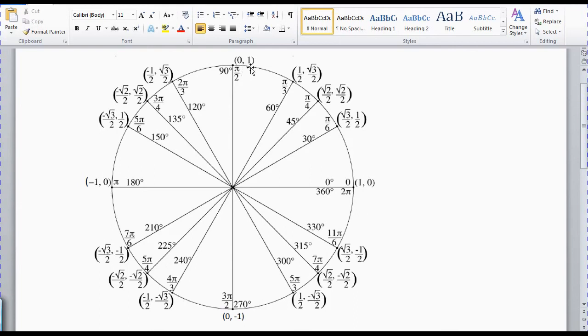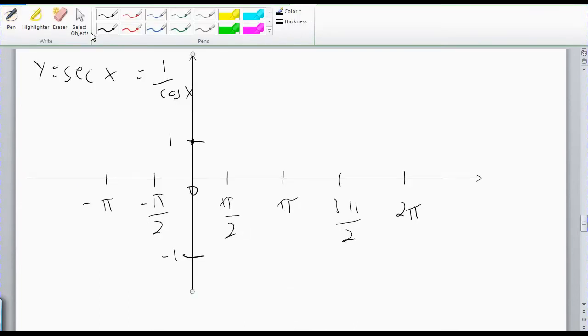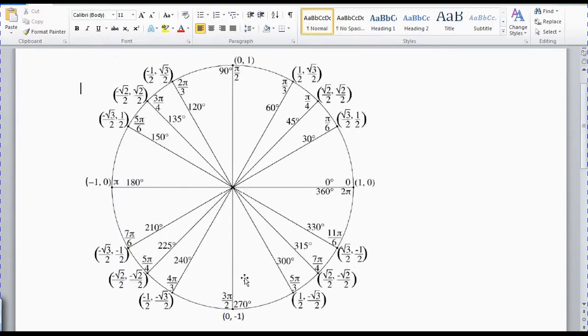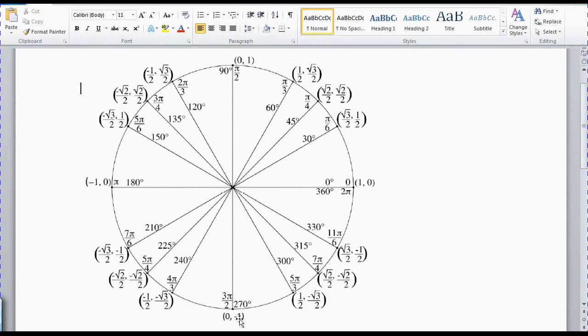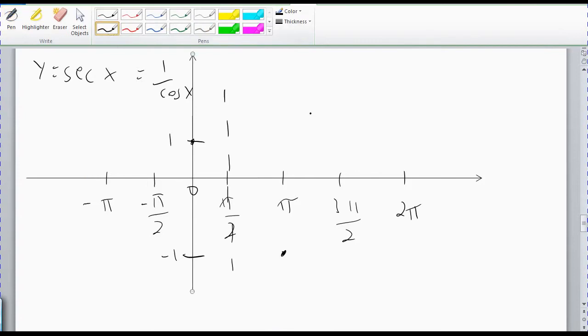And then 1 over 0 is undefined, so I'm going to have an asymptote here. 1 over negative 1 is negative 1. And then for 3 pi halves, 1 over 0 is undefined, asymptote.